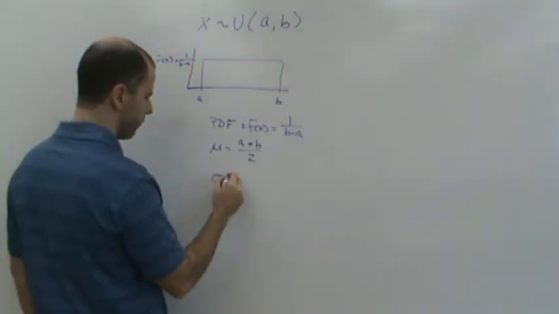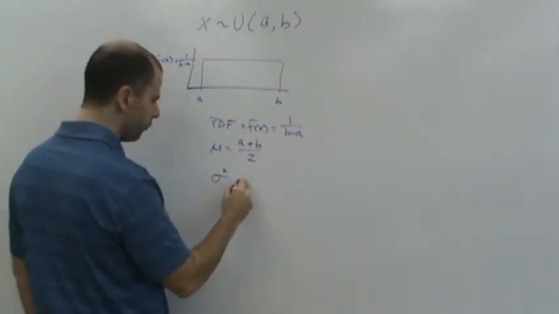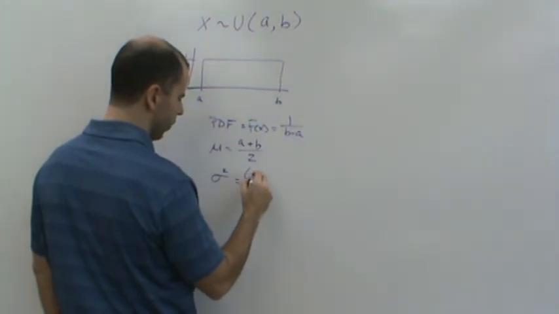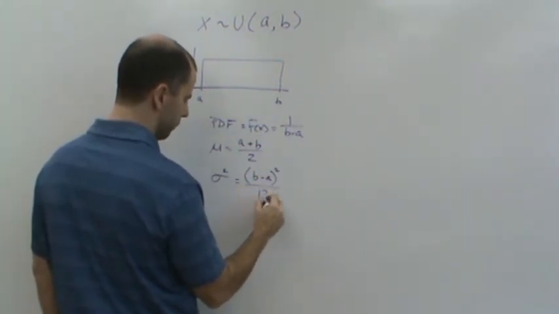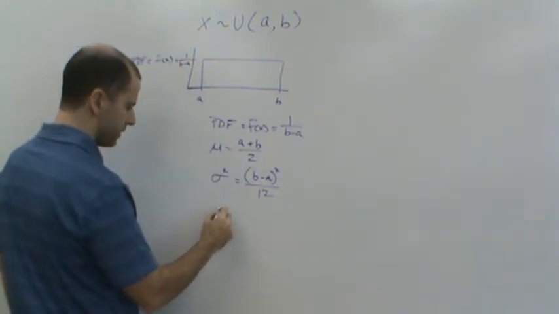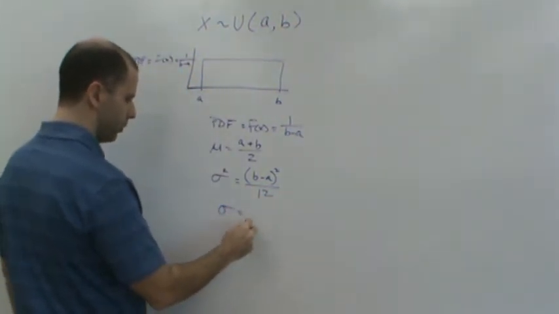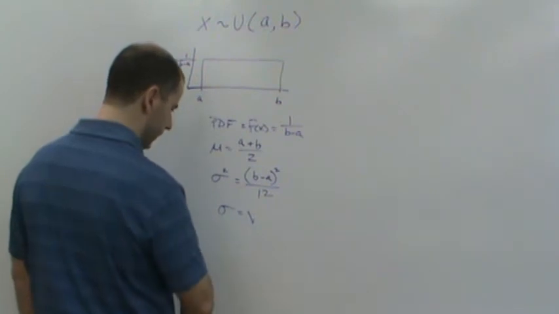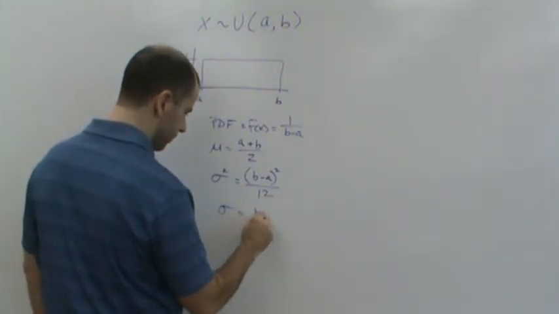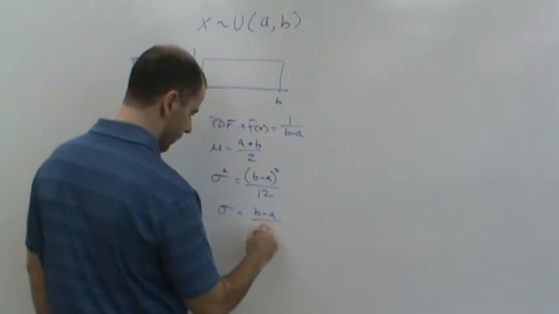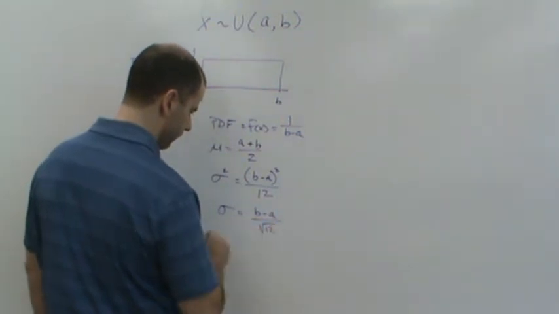But the variance for a uniform distribution is going to be b minus a quantity squared over 12. And then, of course, the standard deviation is just the square root of that. So it's going to be b minus a divided by the square root of 12. Okay?